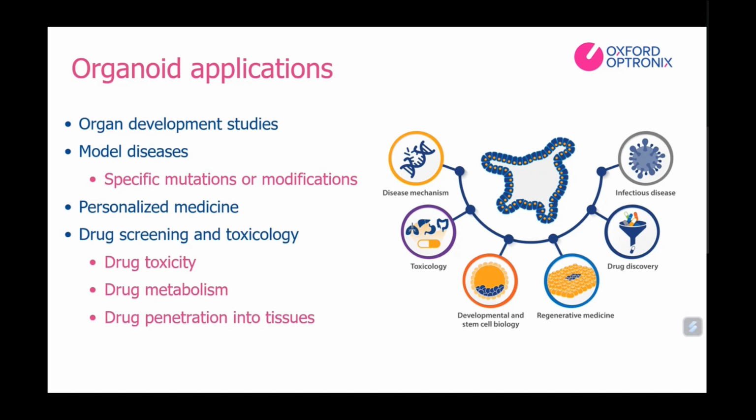In addition, organoids can be genetically engineered to carry specific mutations or modifications, allowing researchers to study the functional consequences of genetic alterations in a controlled and reproducible manner. This is particularly valuable for investigating the role of specific genes in organ development and disease progression.